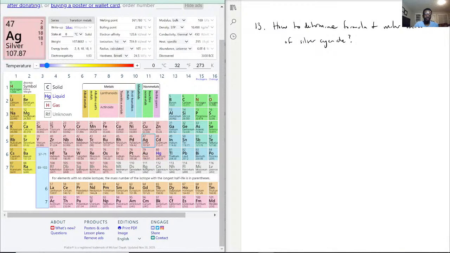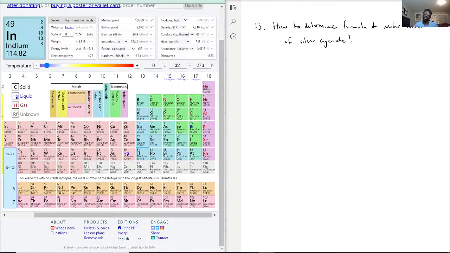So, first we need to figure out what silver cyanide is made of. Okay? And unfortunately, I'm going to say a disclaimer right now, this is something you do have to memorize, because you won't be able to find cyanide on the periodic table, but you can definitely find silver on the periodic table, okay? So silver is just Ag, alright?